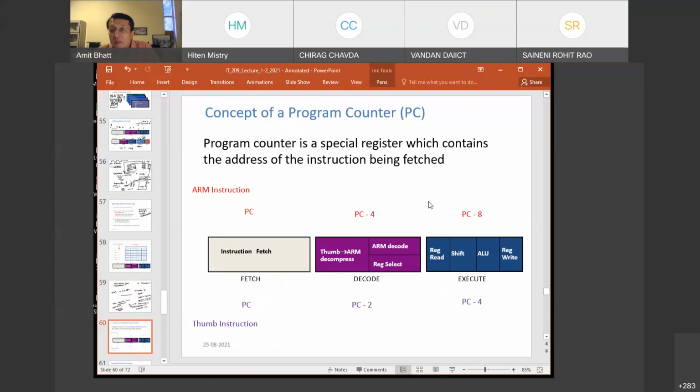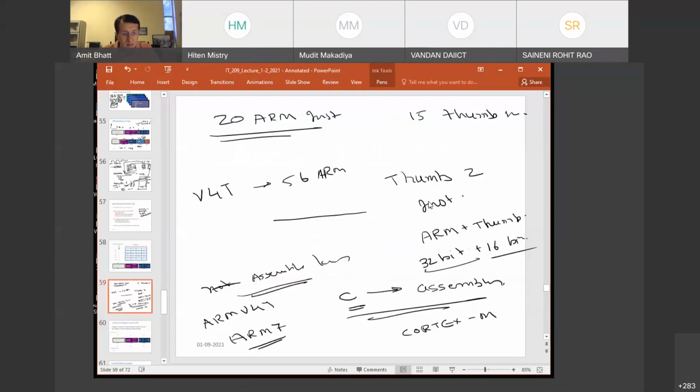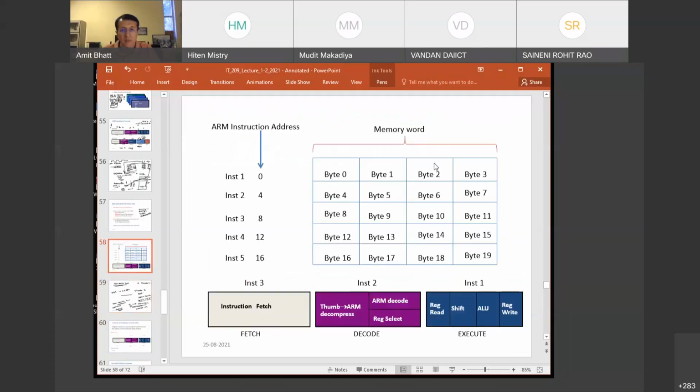Sir, on slide 58, each instruction consists of 4 bytes, right? Yes, because we considered a 32-bit system. Okay, so if it was 64-bit, then it will be double. Yes.